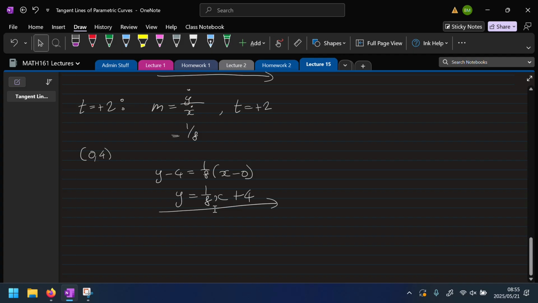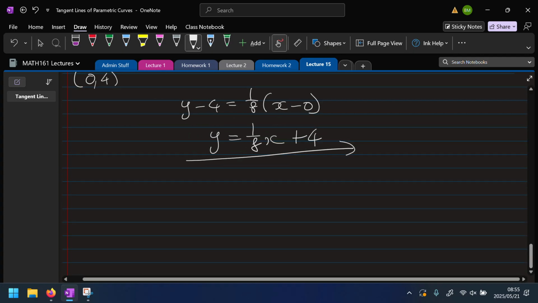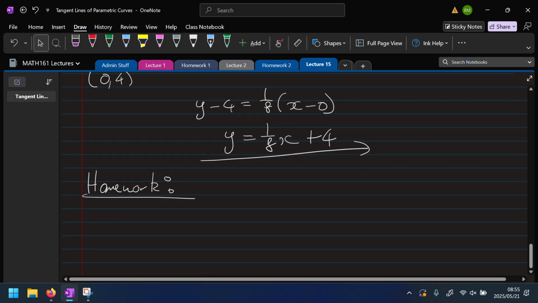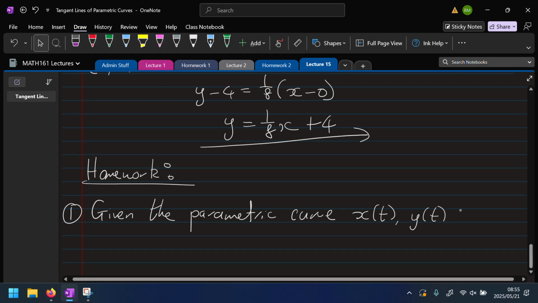Okay, some homework. So 2 questions on this. Number 1. Given the parametric curve, x of t and y of t. Again, we're still dealing with the 2D case.